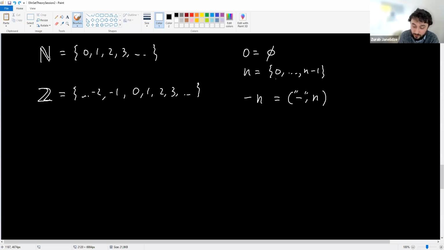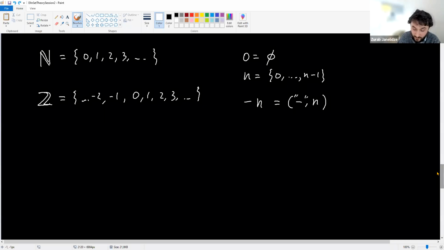You can no longer base it on the idea of the amount of elements, because you can't really have a negative amount of elements in a set, although there is some research which tries to explore set theory with negative amounts of elements. And then one asks this question: which is more?